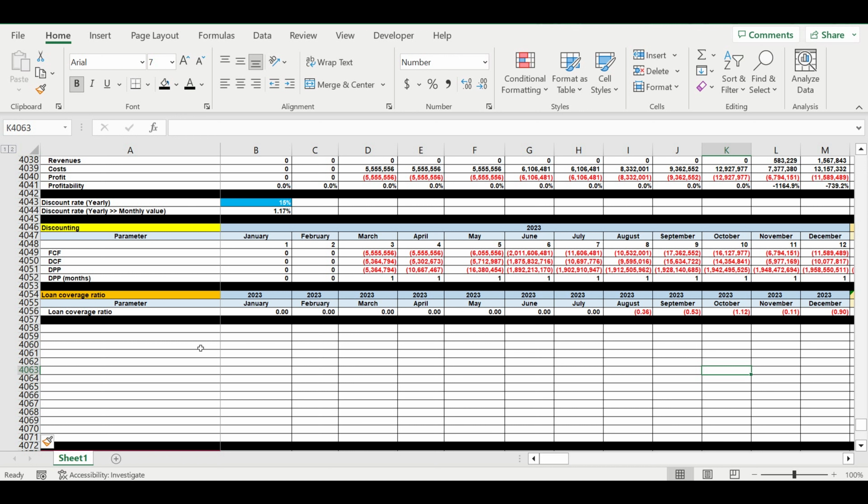Today we will continue building a financial model for a manufacturing business idea, and today I will be showing you some other interesting ratios that you may need when you are modeling your project. Today we will be talking about profitability, about different ratios inside profitability.